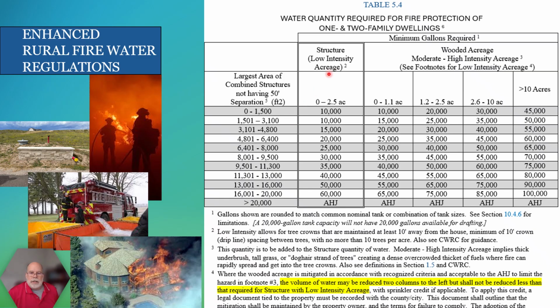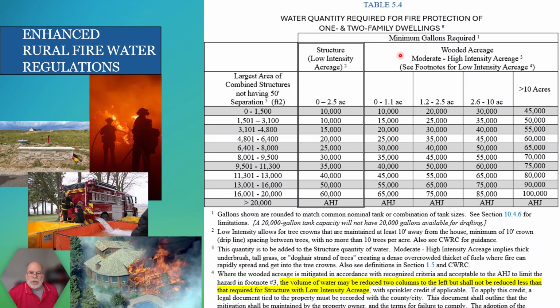Now, assuming we're doing low intensity mitigation, so we have reduced the mitigation and the hazard around the property, and we're from 0 to 2.5 acres, we would need 10,000 gallons of water. Now, if we were not going to do low intensity mitigation, and that puts us into the moderate to high intensity acreage.